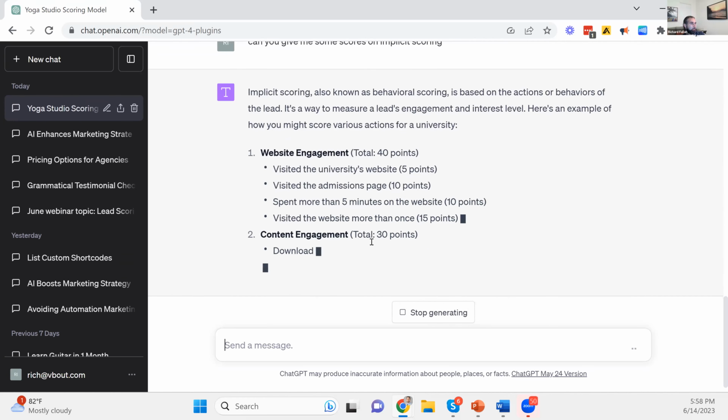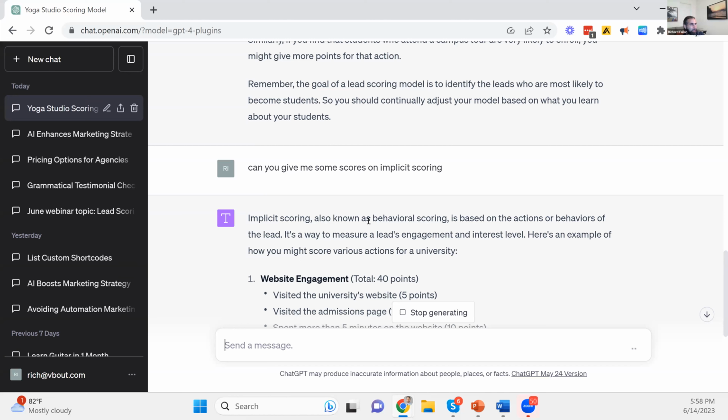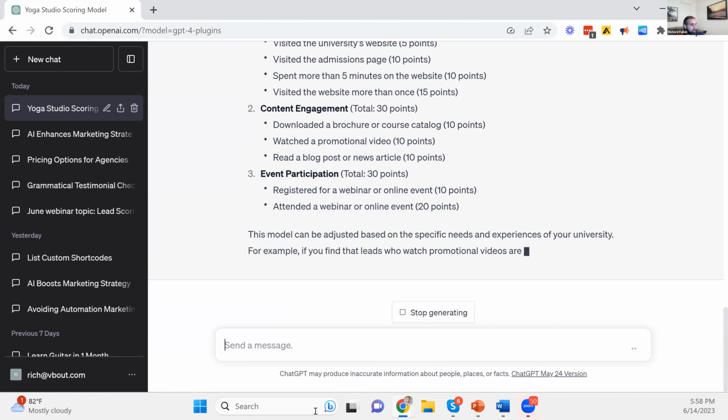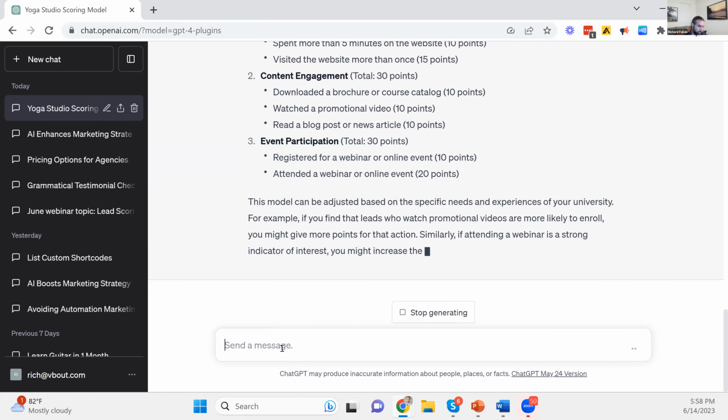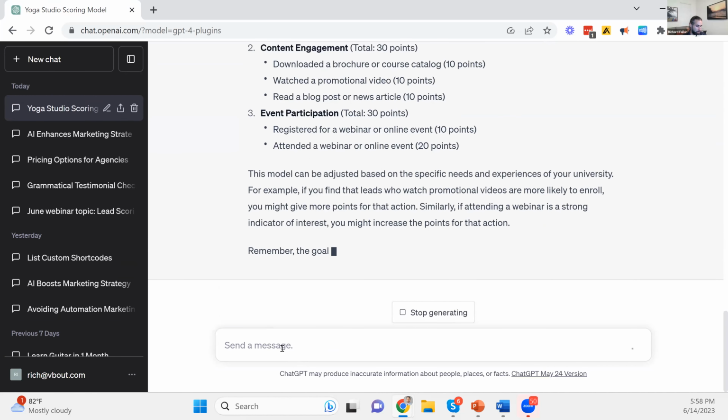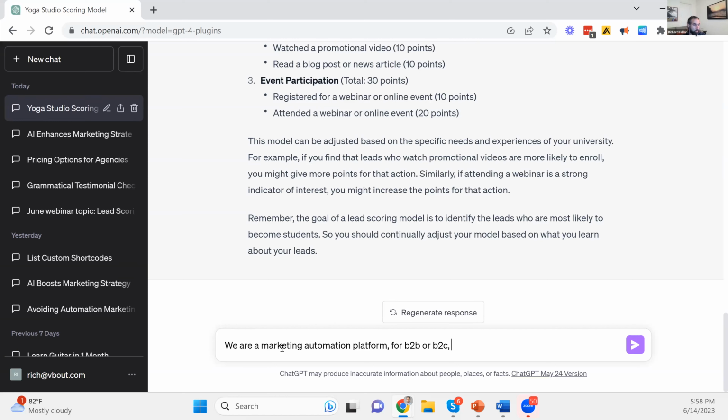So you literally don't have to reinvent the wheel, just feed it information about the business. So for instance, you can say, we are a marketing automation platform for B2B or B2C. We have a lot of AI features and 12 plus tools. Can you create an implicit and explicit lead scoring system for us?